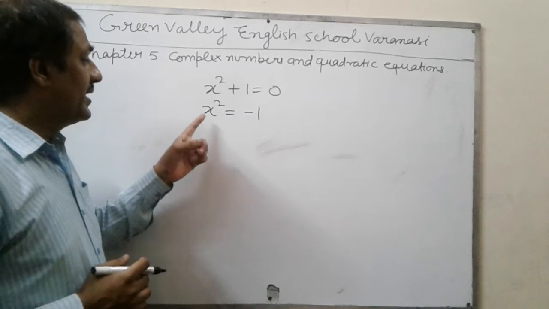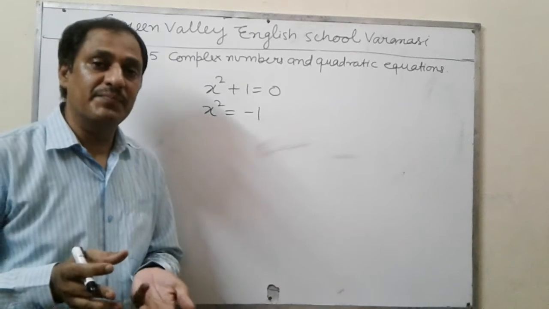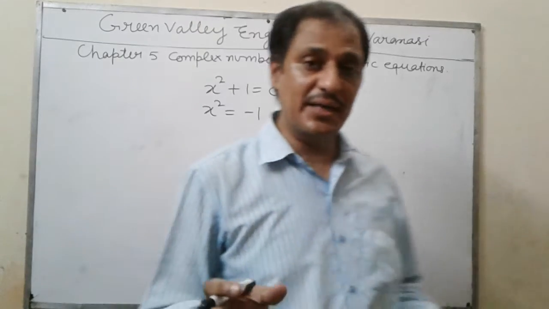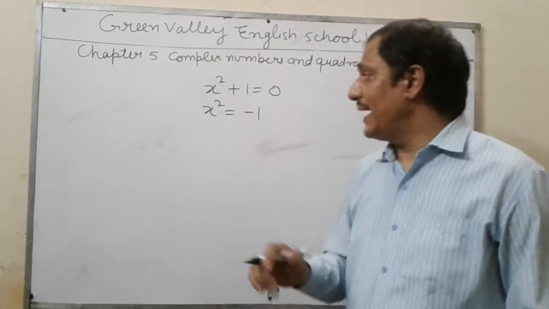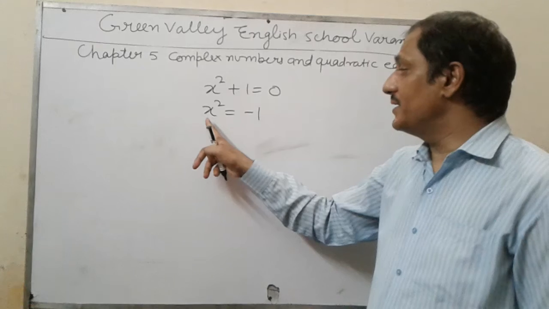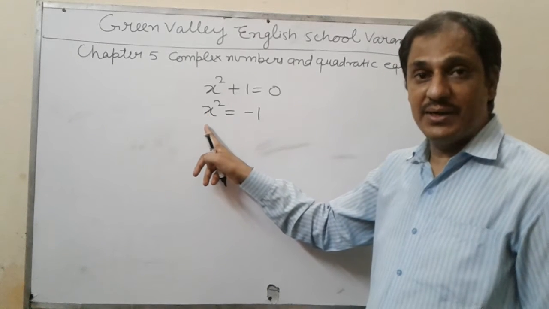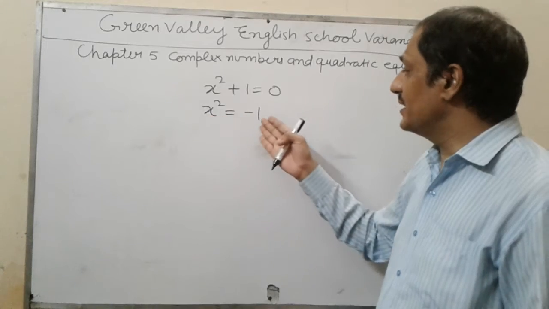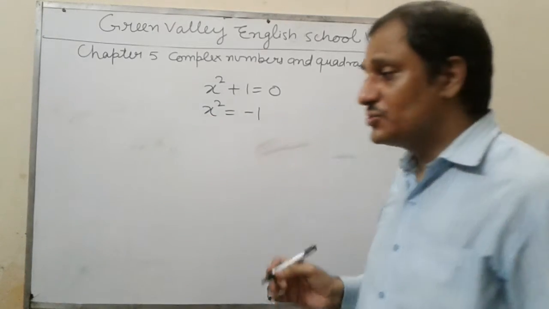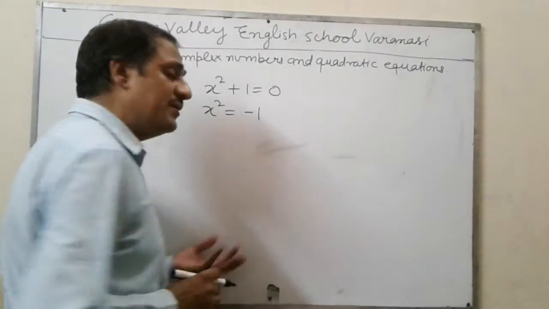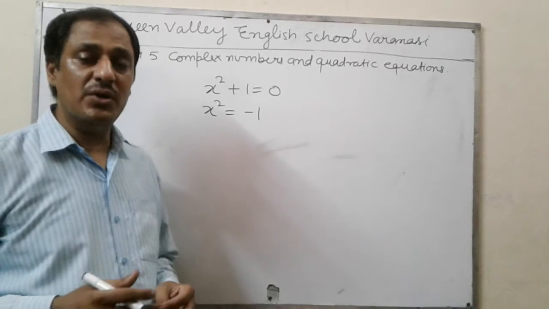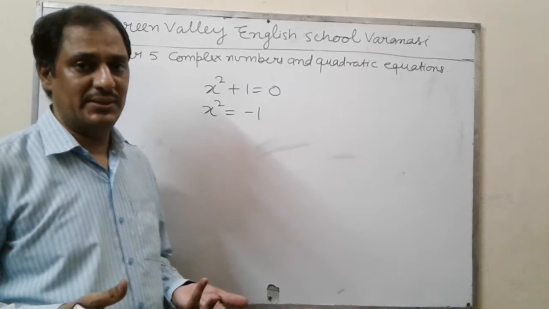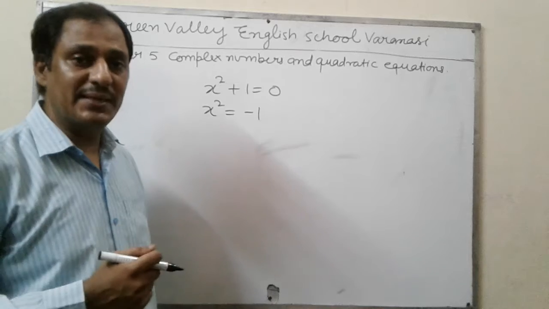It means here x is not a real number, because we know that the square of any negative or positive real number will become positive, but here the square of x is negative. So if x is not a real number, then x will be a complex number.